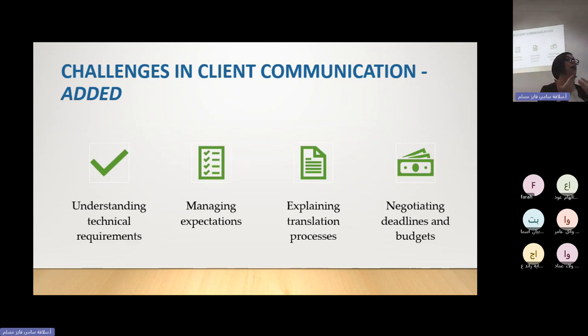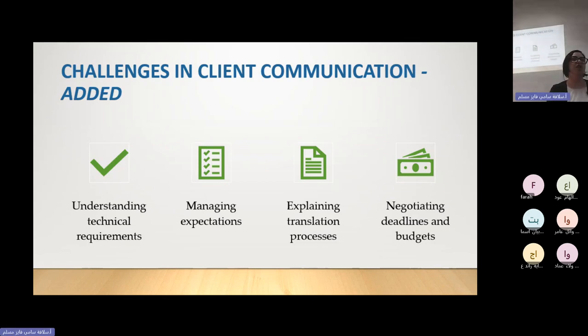So there are challenges in communication. When it comes to understanding technical requirements, sometimes the client himself doesn't understand. Right? So he tells me or she tells me something, I start to translate, but then they read it and say, no, this is not what I wanted. Okay? What did you want? So there is a challenge in the communication process.